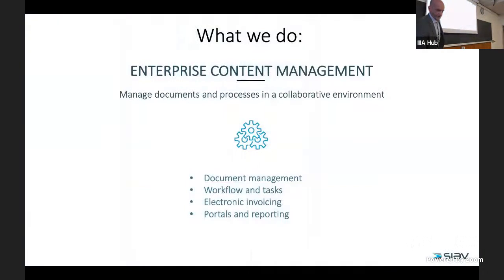Our products are what is called enterprise content management. It is a tool to process and archive documents, using workflows, to assign tasks to people, and in general to collaborate among offices and teams in a company.